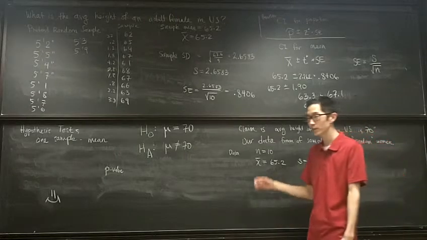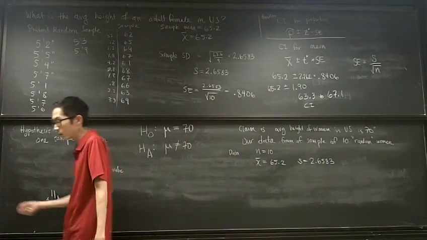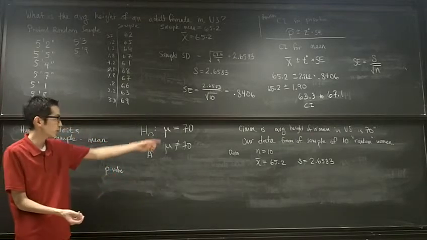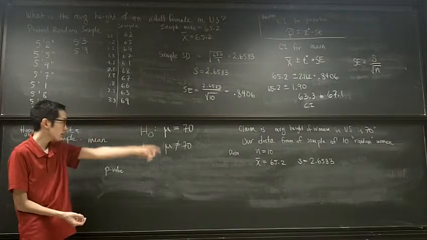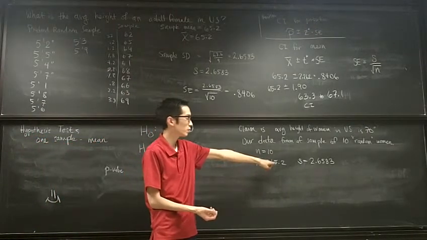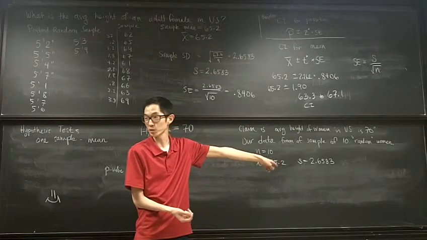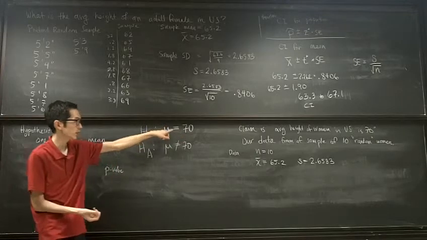So for argument's sake, let's say that the average height of women truly was 70 inches. If that were the case, what's the probability that a random sample of 10 women gives me an average height of 65.2 inches? That's what we want to know. 65.2 or something further away from this mean.